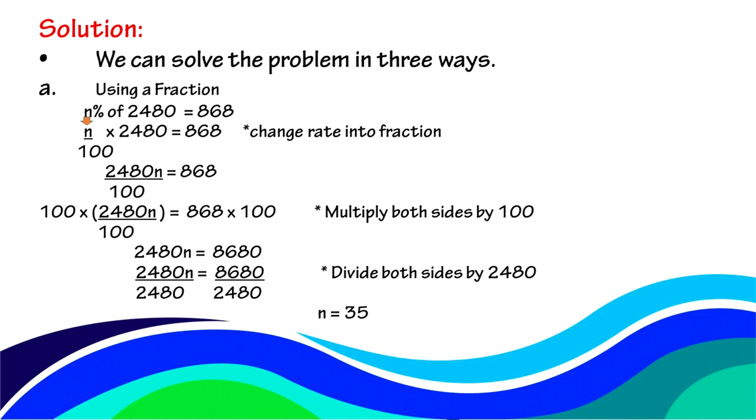Then multiply both sides by 100, so we get 2,480n on the left side and 86,800 on the right. Then we divide both sides by 2,480, so n is 35, because 86,800 divided by 2,480 is 35. So our answer here is n equals 35.